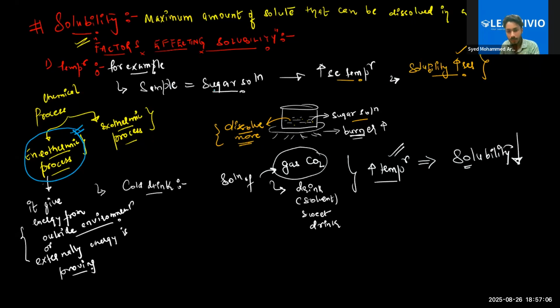Now if you see here, if I need to dissolve sugar into a solution, initially the sugar is going to dissolve on its own, and if you stir the solution, the sugar is going to be dissolved. But after some time, if I add more and more sugar, the sugar is not going to dissolve in that solution.